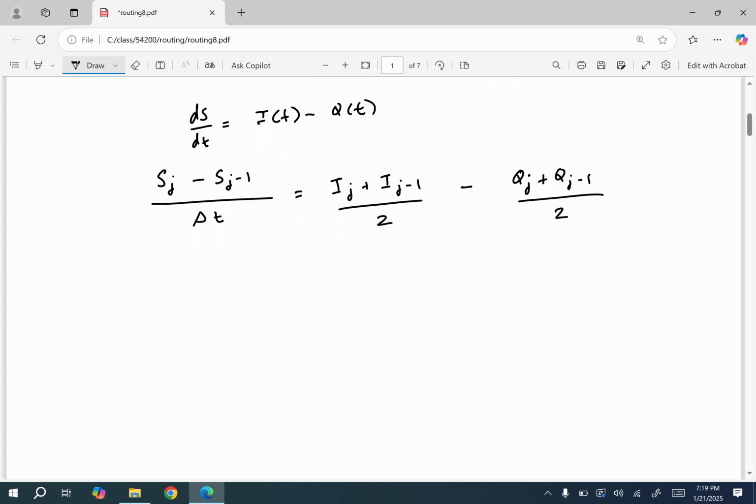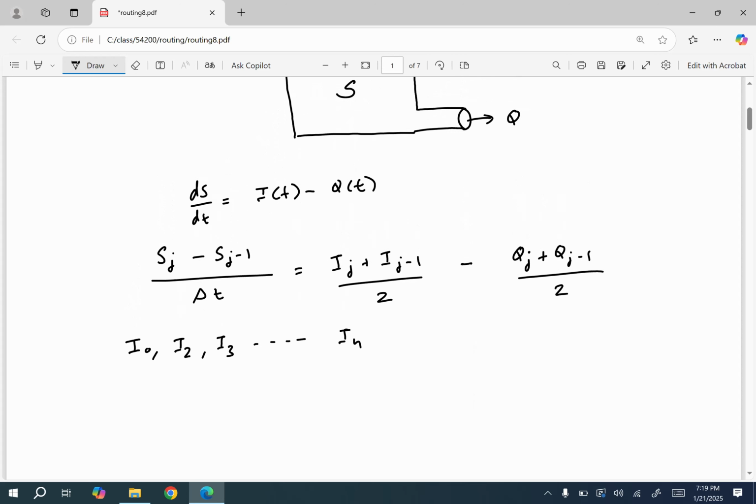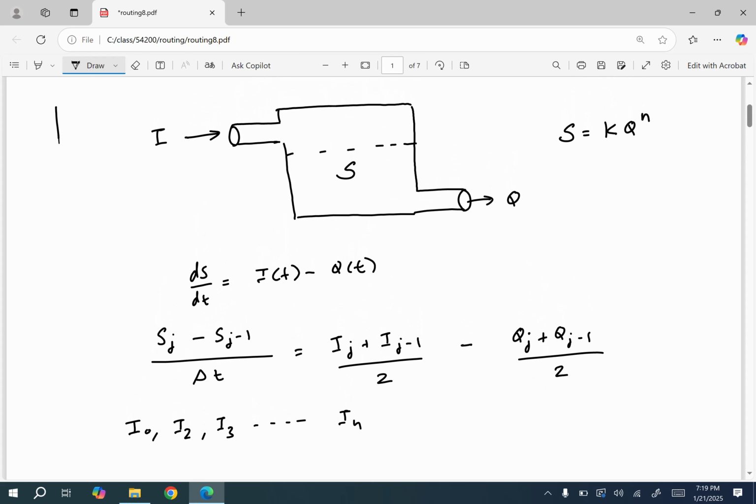As usual, all the I's are known, so this will be our input hydrograph here. That's our I, and we are interested in finding how it will look after routing it through a reservoir. So this is what we are interested in.